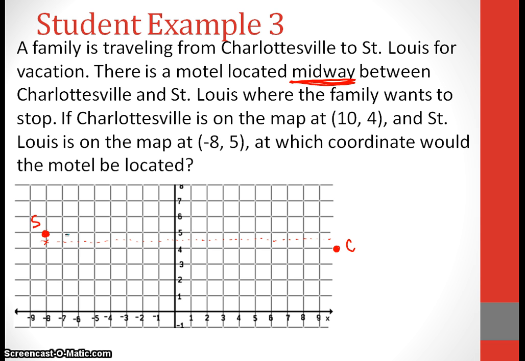I have to go over 1, 2, 3, 4, 5, 6, 7, 8, 9, 10, 11, 12, 13, 14, 15, 16, 17, 18. And half of 18 is 9. So I'm going to count over 9. 1, 2, 3, 4, 5, 6, 7, 8, 9, and I know it has to be on this line, so it's this point right here.